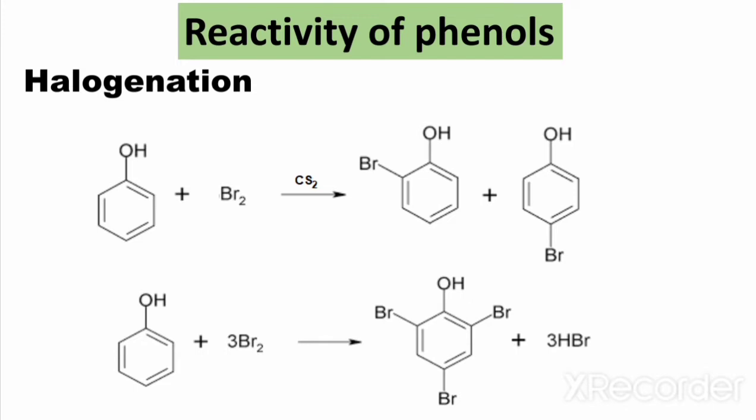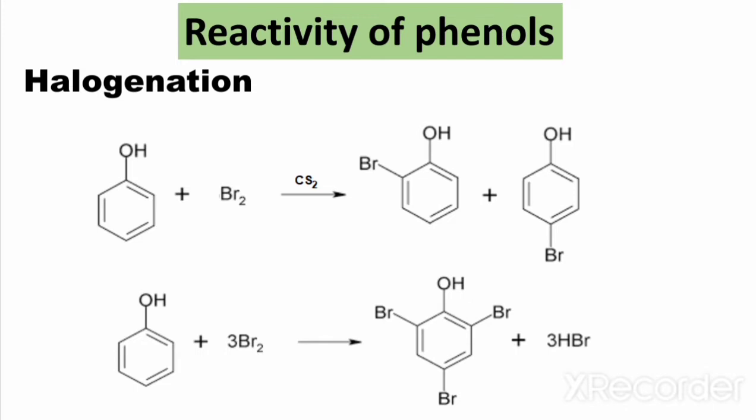Bromine and chlorine are diatomic molecules that are good for observation and for conducting the reaction. So when halogenation occurs between phenol and a halogen, we will take bromine or chlorine because it is good to observe when these molecules react with each other.